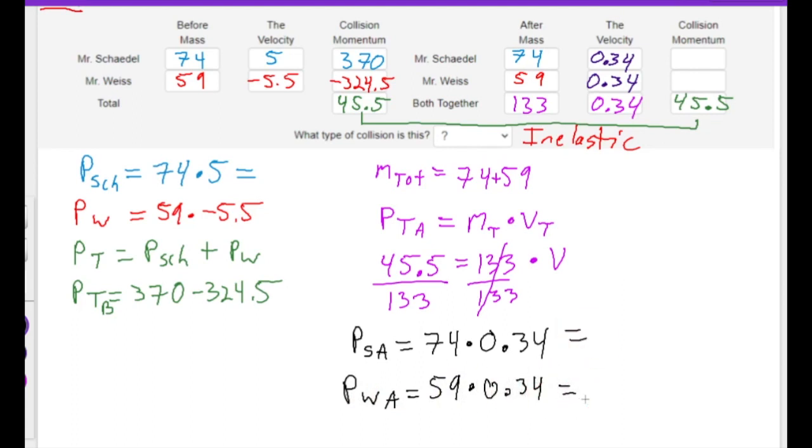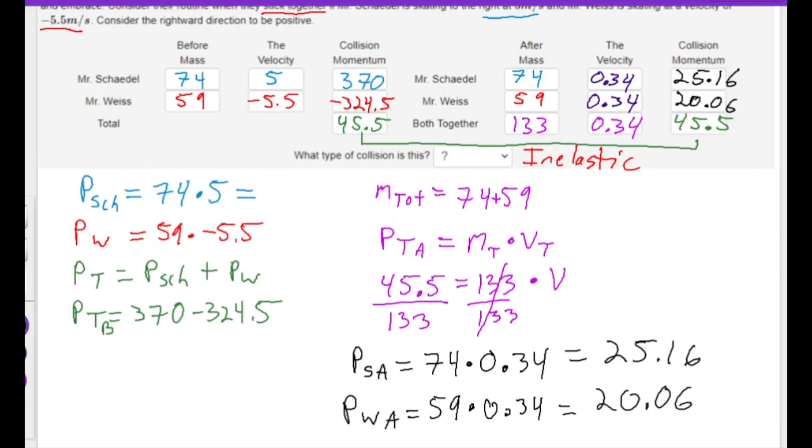If I do that, I find out that Mr. Shadell's momentum after the collision should be 25.16, and Mr. Weiss's momentum after the collision should be 20.06. Again, we can see that there's a little bit of a rounding error here for the total momentum, but that's totally fine. It's just the fact of how we rounded or how the problem was solved in WebWork.